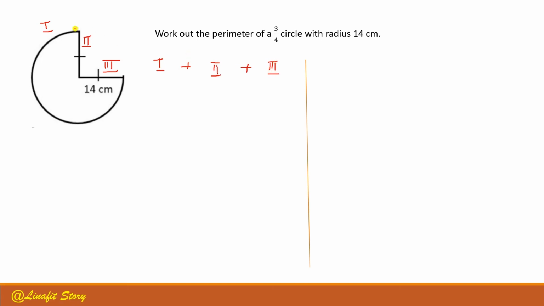To find the length of number 1, 3/4 times 2 times pi times radius plus the length of number 2 and 3, 14 plus 14.